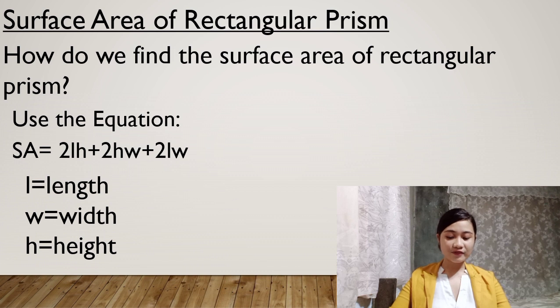The given is surface area is equal to 2 multiplied to L multiplied to H plus 2 multiplied to H multiplied to W plus 2 multiplied to L multiplied to W. Okay, just so you know, L is the length, W is the width, and then the H is the height. Okay, it is very clear.